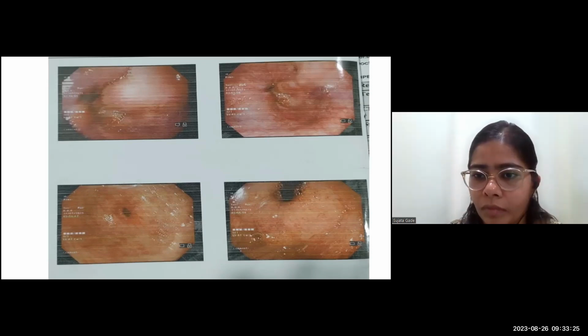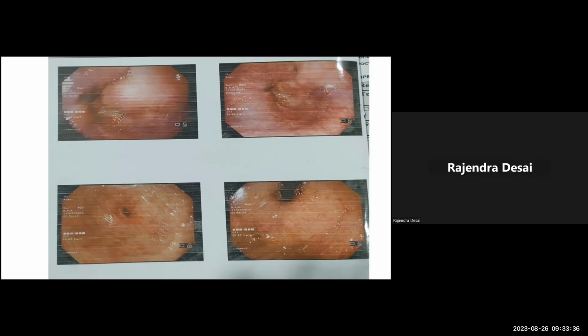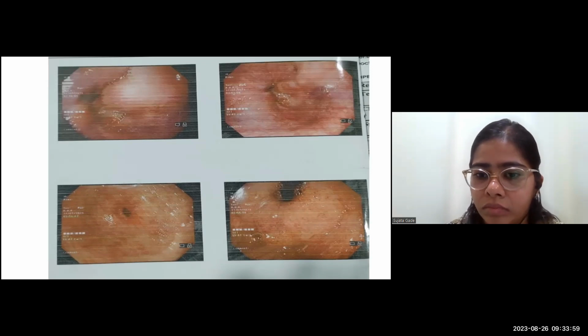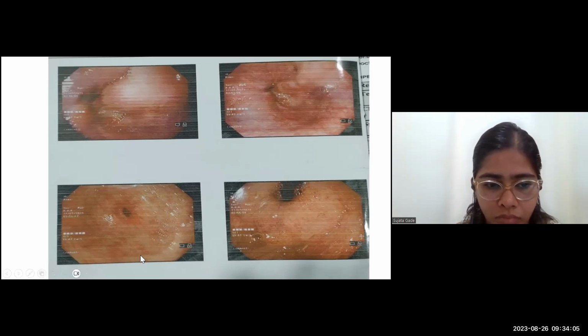Sir, can you repeat the question, sir? Hello, Kapoor sir? They seem to have been cut off. Sir, can you repeat the question? I couldn't get the last part. Just give me a second.